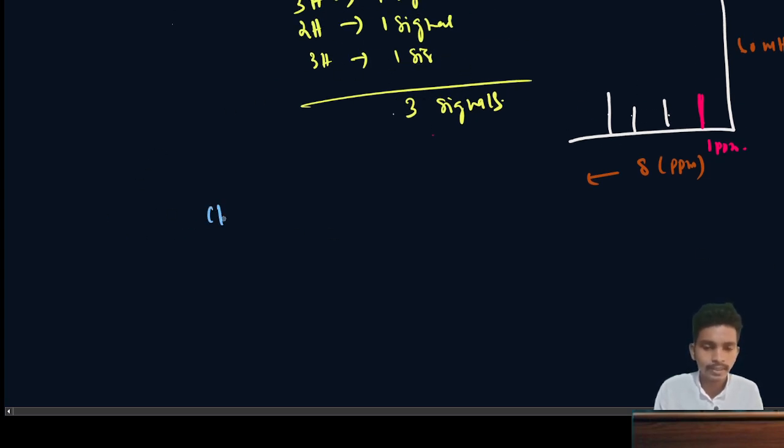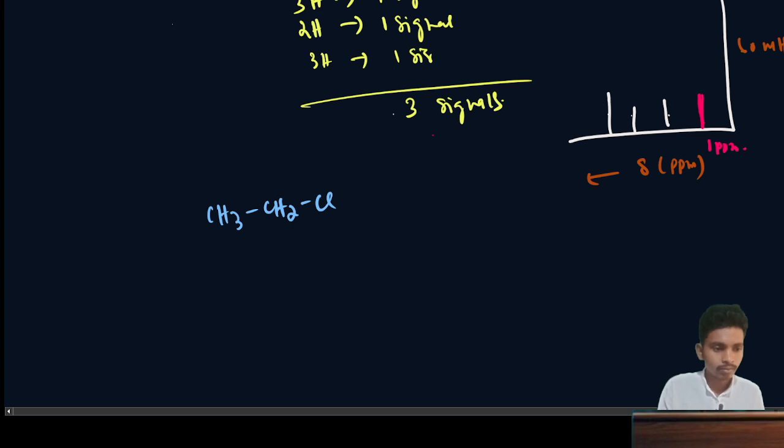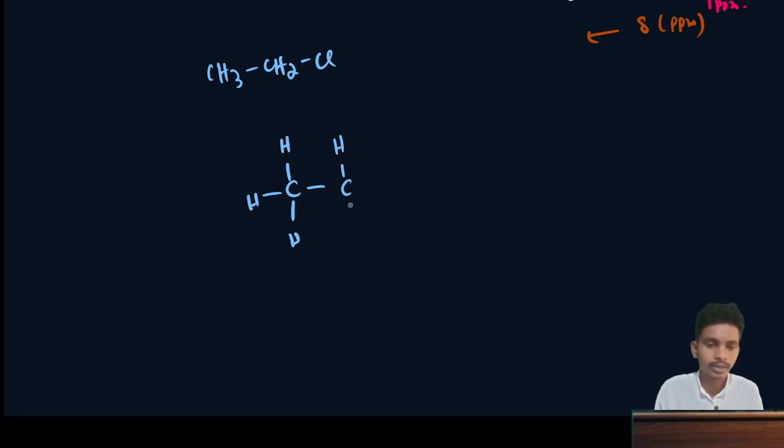Let's say we have CH3CH2Cl. If you write it here, this is C with H H H, and this is C with H H and here Cl. Now let's say we are applying some magnetic field.